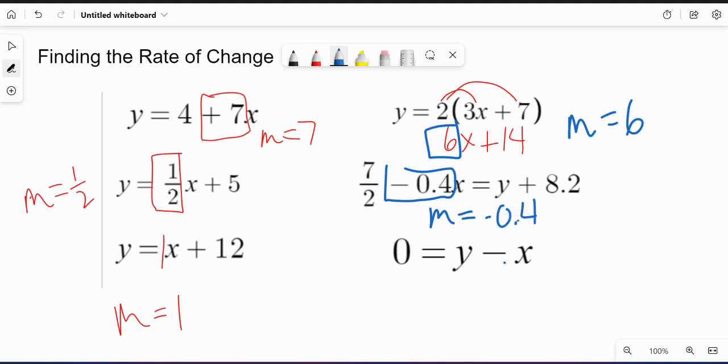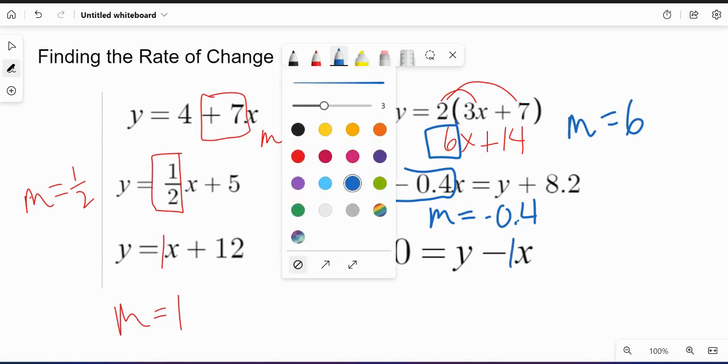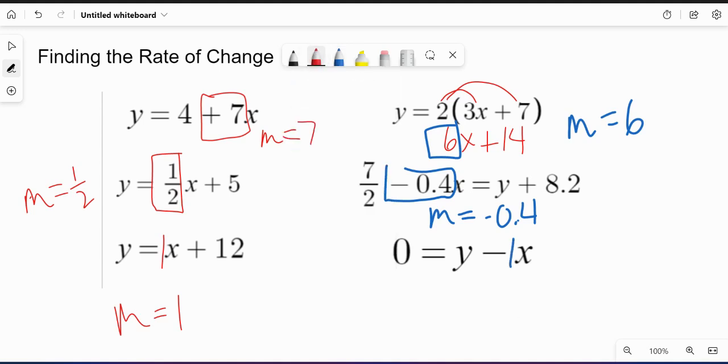And then the last one, in front, there's an invisible 1, but you also have to be careful because you are taking into consideration the negative sign as well. So in this one, your m is negative 1. So pretty simple how to find the rate of change of an equation. As long as it's simplified, it's the coefficient next to the variable x.